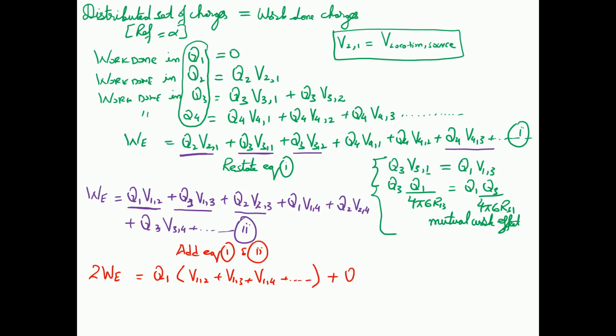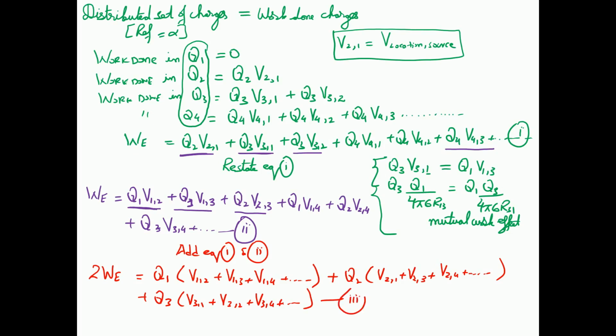Then I have plus Q2 times V21 plus V23 plus V24, and it can go on for the rest if we have n charges, plus Q3 times V31 plus V32 plus V34, and it can go on, and let me call this equation number 3. So this is the result of adding equation 1 and 2.